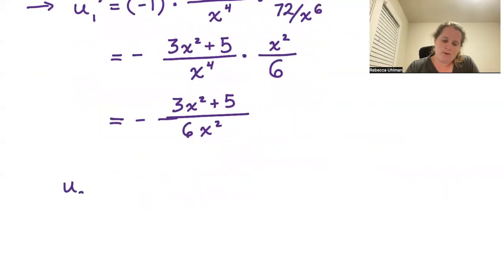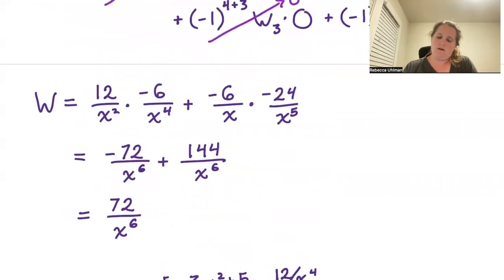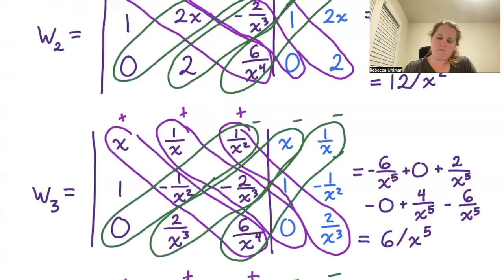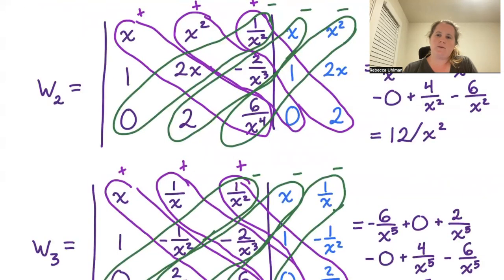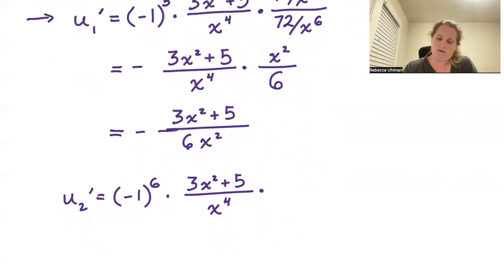For u2 prime, we are looking at negative 1 to the 4 plus 2, or negative 1 to the 6th. Again, times 3x squared plus 5 over x to the 4th times our W2, which was 12 over x squared, over 72 over x to the 6th.